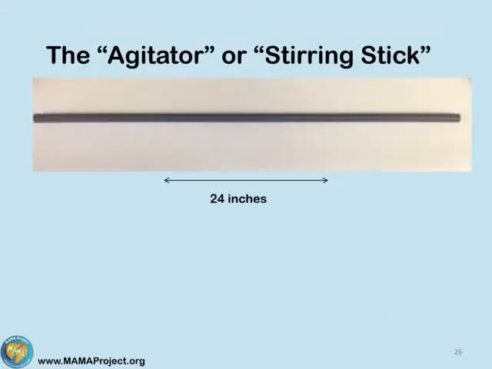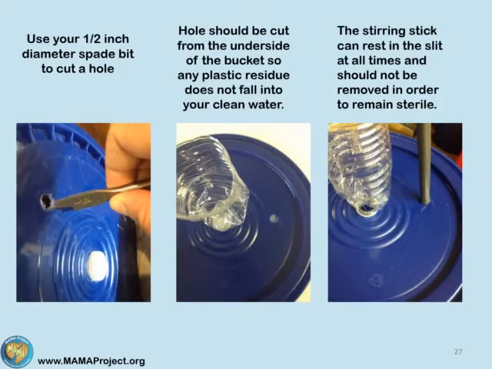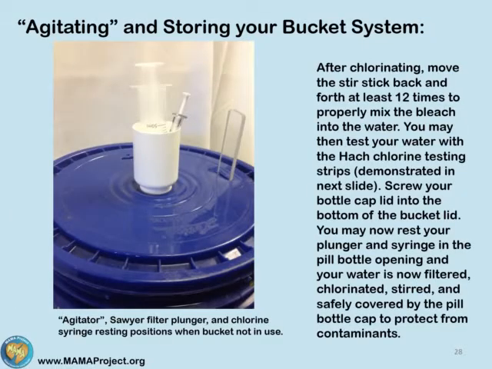So that's what a stirring stick could look like, 24 inches long, half-inch diameter. You make a little hole in the top of the bucket, poke the stick through, and now you have an agitator. And this is the kind of container you should put in your top bucket for holding the stir stick and the flushing syringe.